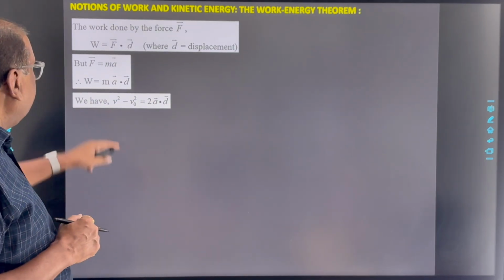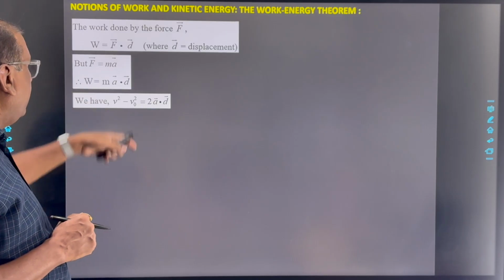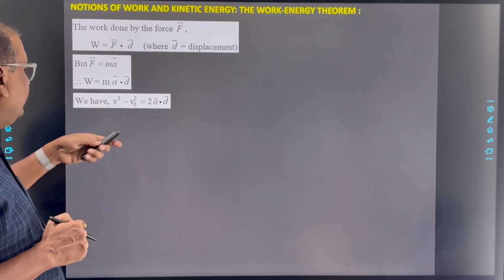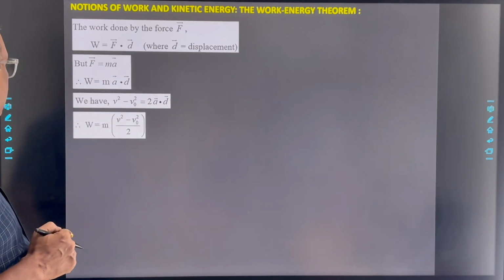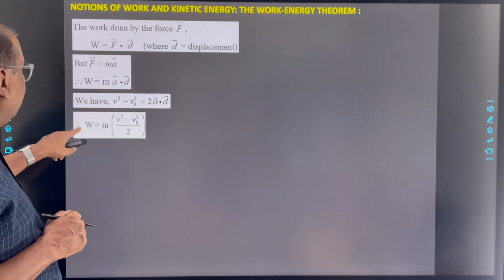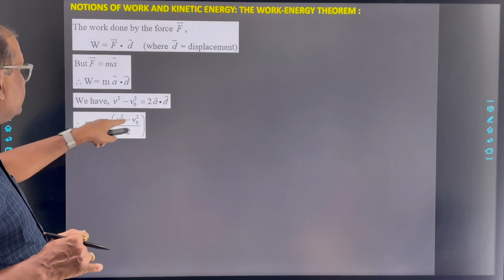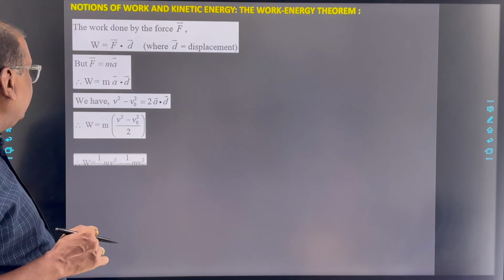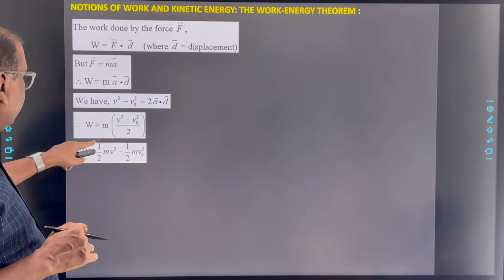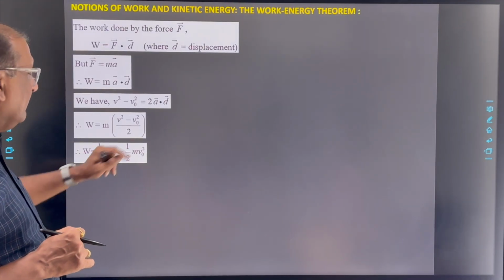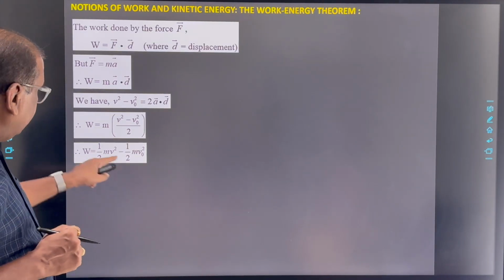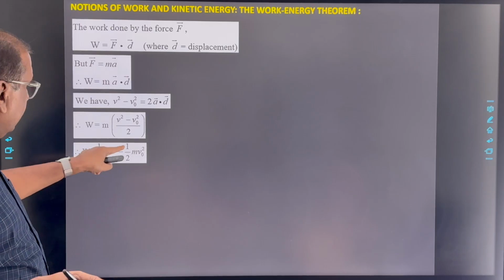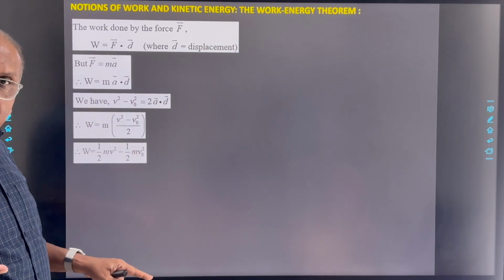So here, if we replace a dot d by v square minus v0 square upon 2, then we can write W equal to m into v square minus v0 square by 2. Simplifying, W is half mv square minus half mv0 square. Here v is the final velocity and v0 is the initial velocity.